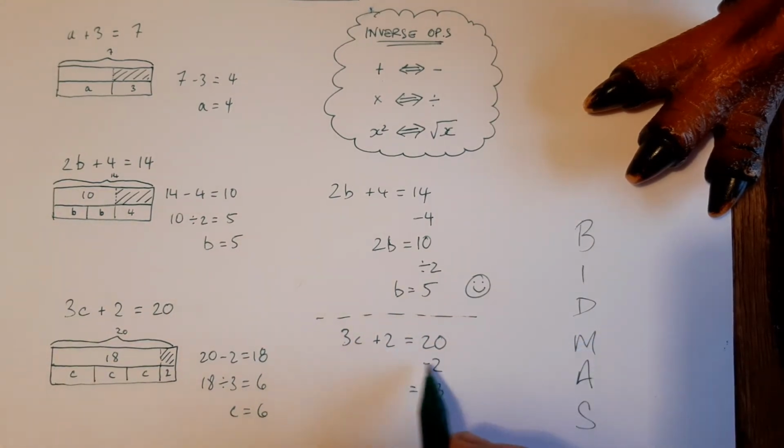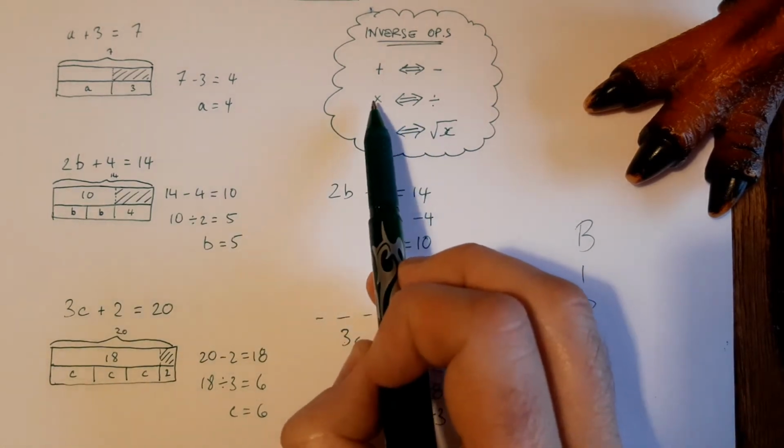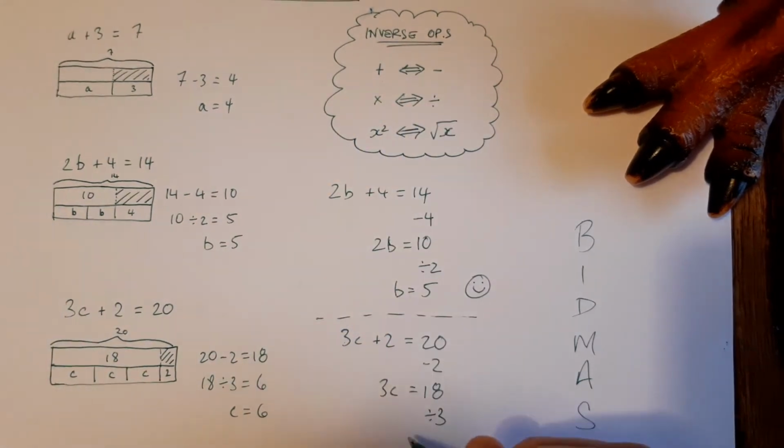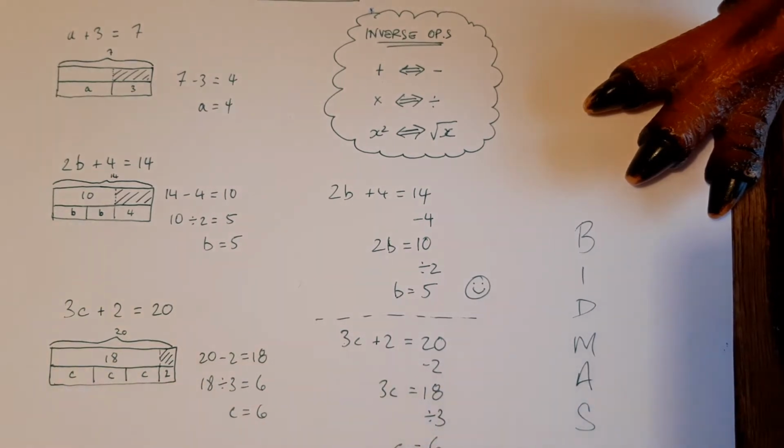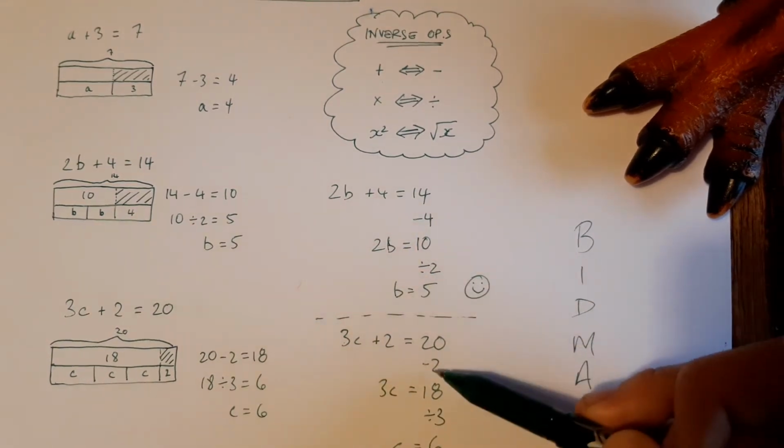Now the plus 2 has been reversed and gone, and I'm left with 3 c's equals 18. That's a times 3, so we reverse it by dividing by 3, because the inverse of times is divide. 18 divided by 3 gives us 6. c equals 6. Beautiful.